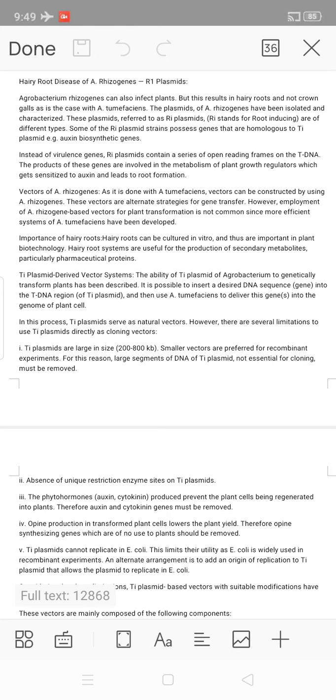Second, there is an absence of unique restriction enzyme sites on the plasmid. And the phytohormones, that is auxin and cytokinin, produced prevent the plant cells from being regenerated into plants. Therefore, auxin and cytokinin genes must be removed.